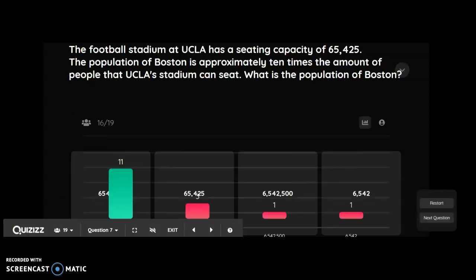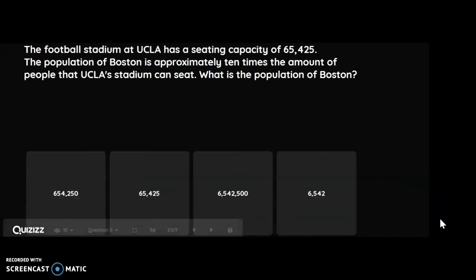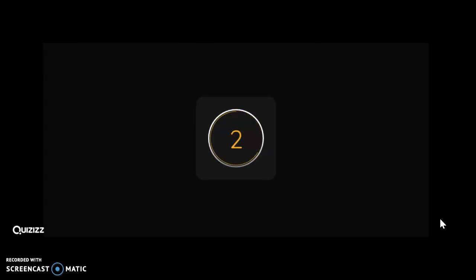If I'm looking for 10 times 65,425, when I multiply by 10, each place value, each number shifts where, Bryce? Very good. Each place value shifts over to the left, gets one place value bigger. We add a 0 on the end, so you're correct. The answer is 654,250.